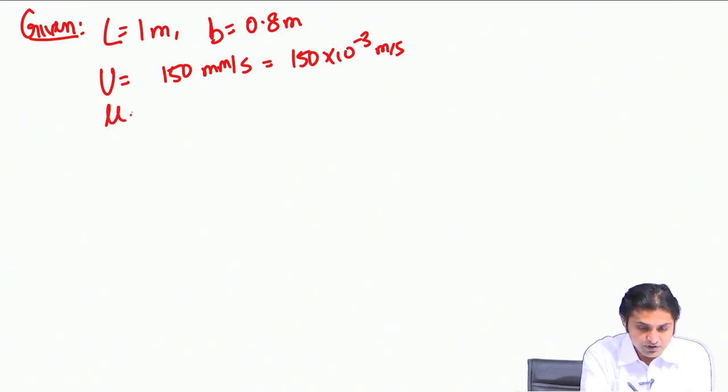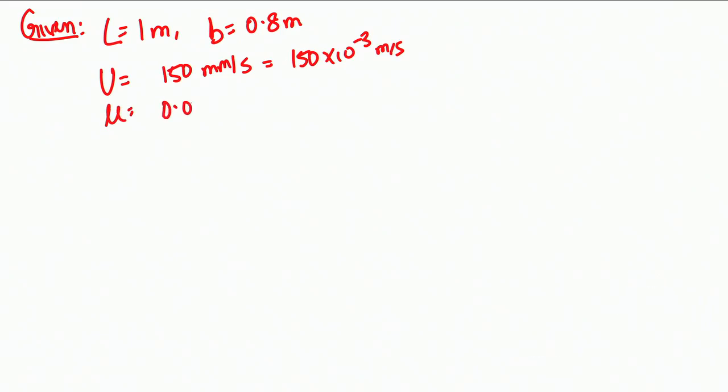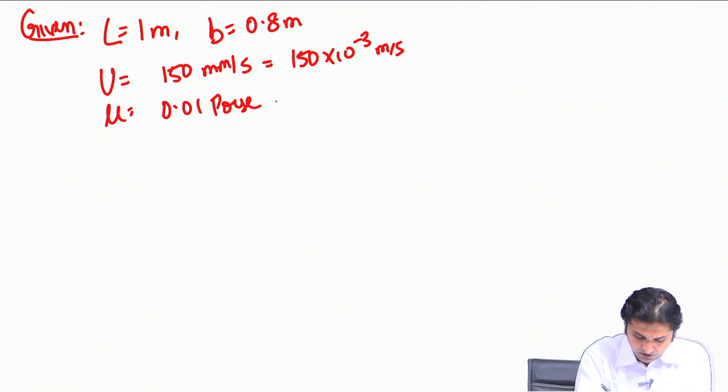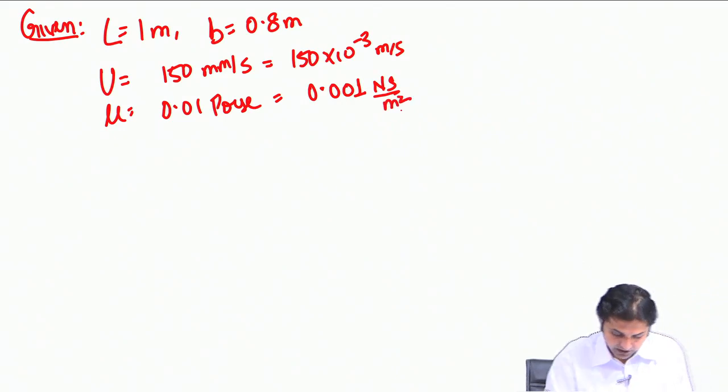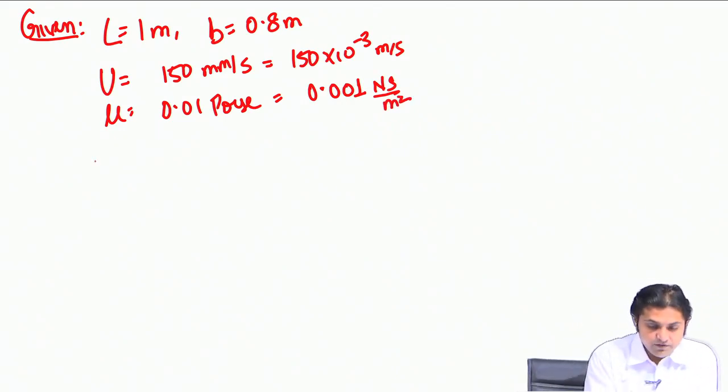Mu is given as 0.01 poise, or in SI unit we can write 0.001 Newton second per meter square.